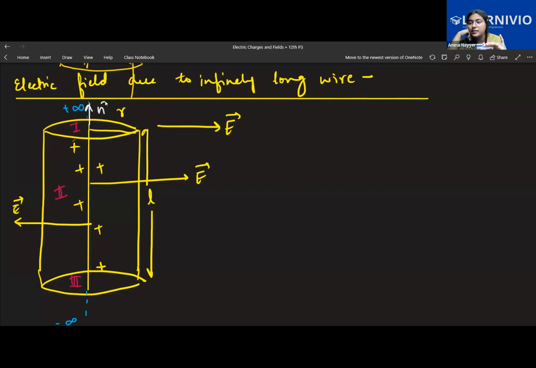What is the angle, class? 180 degree, because opposite of the electric field? See, electric field is along the right side. Area vector is perpendicular to this surface, like this. So area vector is this, electric field is this. What is the angle formed? 90 degree. Okay, you're right. This angle formed is 90 degree.